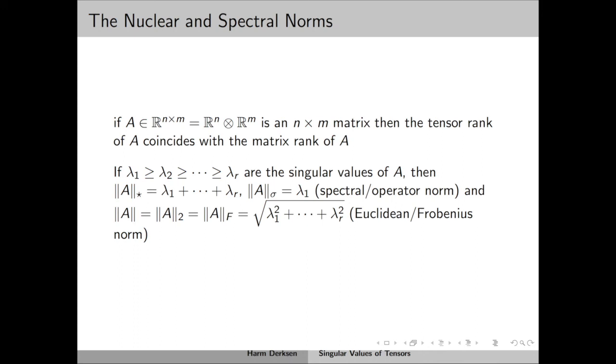And the spectral norm is also the spectral norm or operator norm of a matrix, the operator norm of a map from one normed space to another. And the Euclidean norm, which is sometimes also called the Frobenius norm for matrices, is just the square root of the sum of the squares of the singular values.